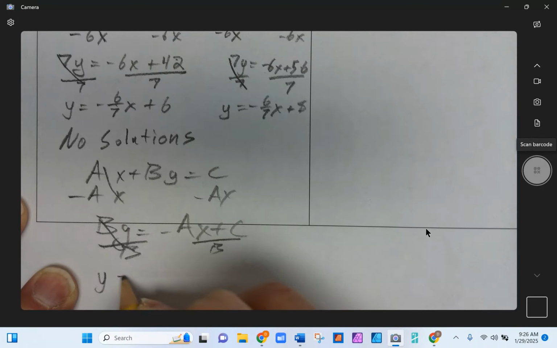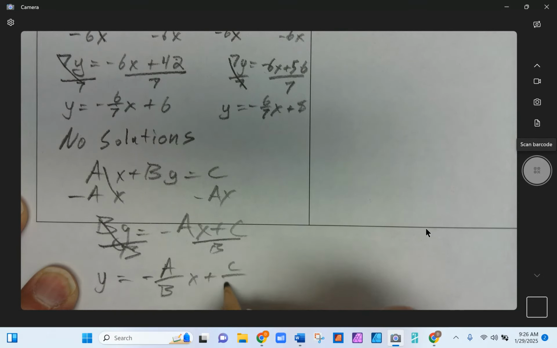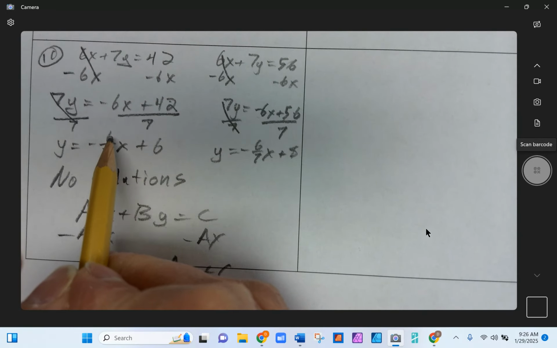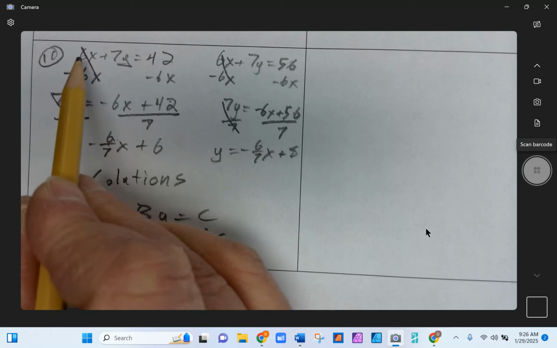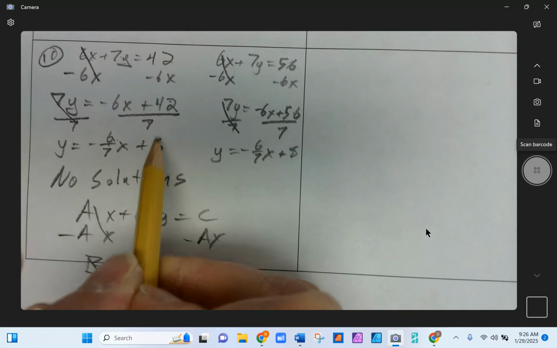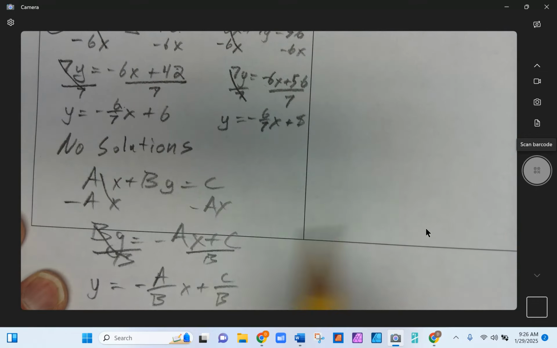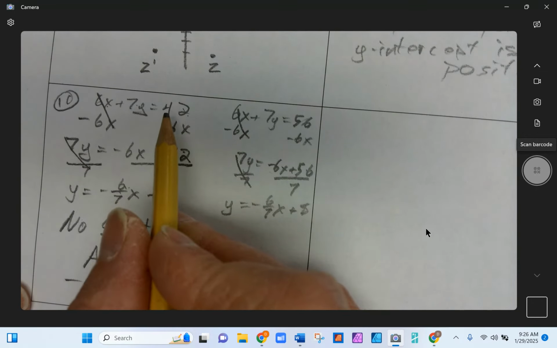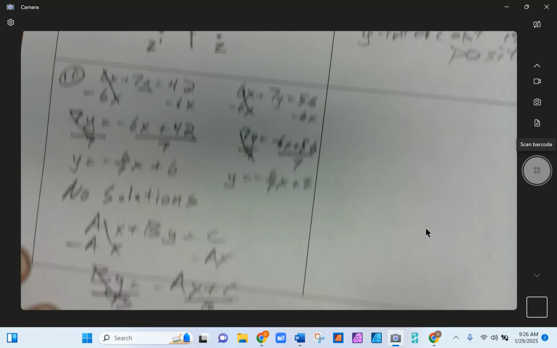So it becomes y equals negative a over b x plus c over b, which is exactly what we did here. So 6 is the a, 7 is the b, and that is the c. That's c divided by b, 42 divided by b, right there.